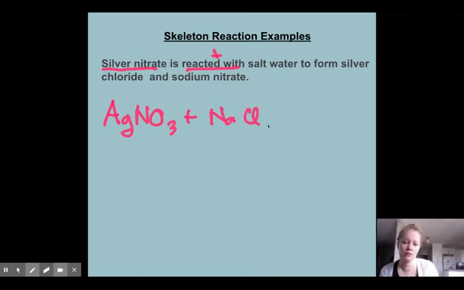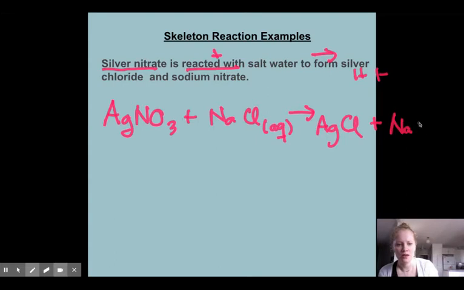Salt water means it's in solution, so aqueous, to form, there's our arrow, silver chloride, so AgCl. Check to see that this is balanced. Silver's 1 positive, chlorine's 1 negative, balanced. And it says sodium nitrate, so NaNO3. We also have to check the balance of this one. Sodium's 1 positive, nitrate's 1 negative. Life becomes a lot nicer that way.